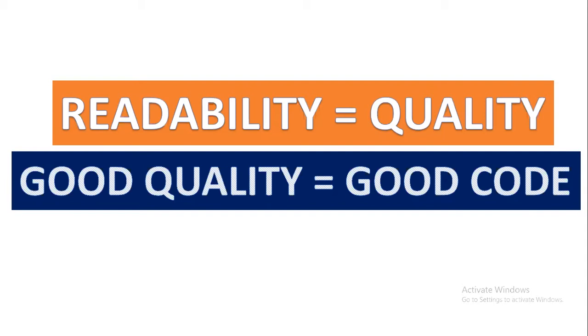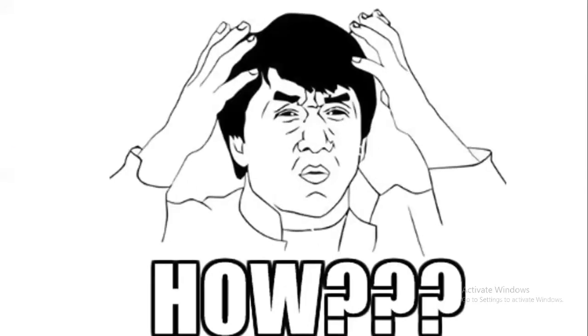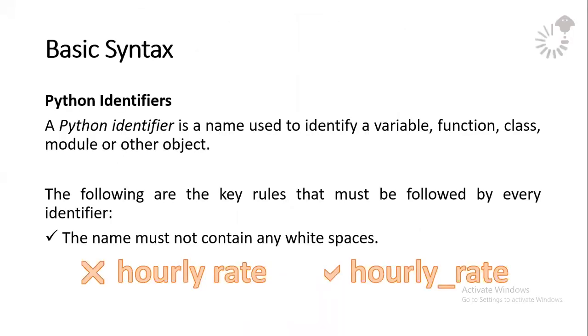Good quality meaning you have a good code. Having a good code meaning you are a good programmer. But the question is, how? How will you make your program readable? So you follow first naming convention and then stick to the basic syntax.